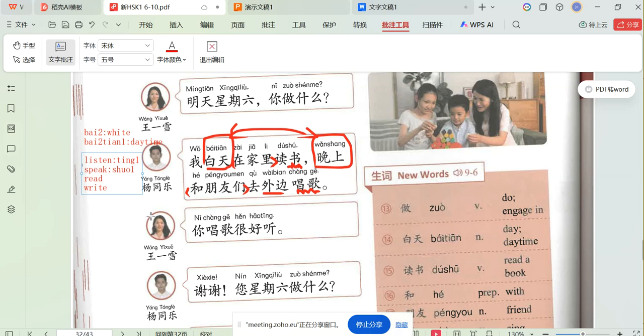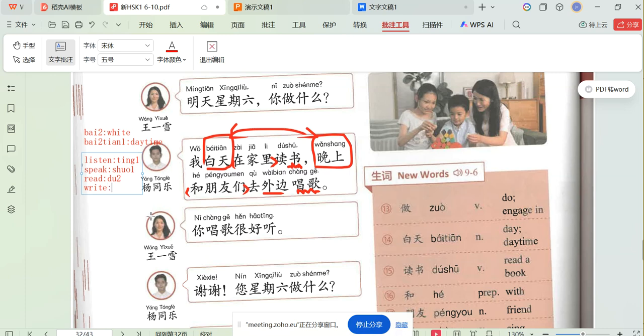And next one, to read. If you read with your mouth, if you read the book loud, we say 读. But if you read with your eyes, only read silently, that is 看, to look, to watch.